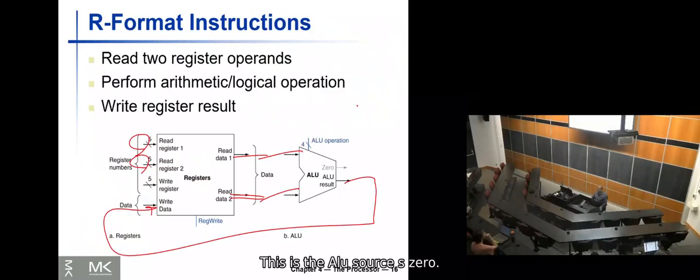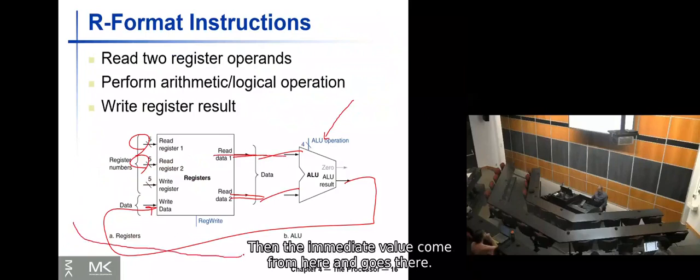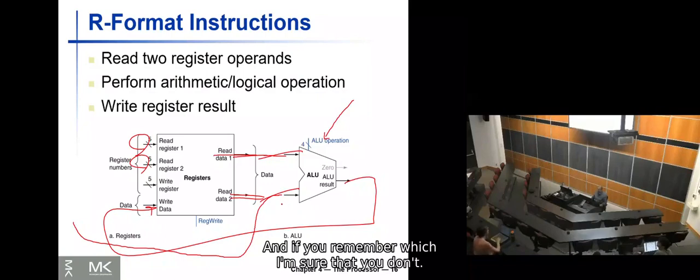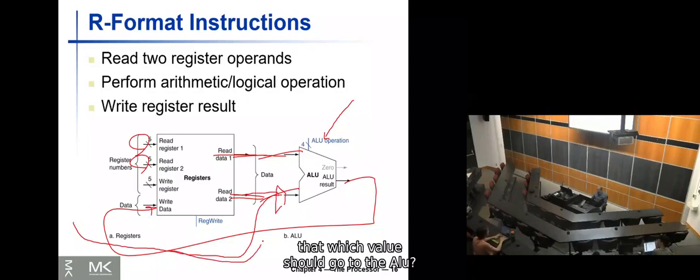This is the ALU. The source S0, the base address, comes from here. Then the immediate value comes from here and goes there. If you remember, which I am almost sure that you don't, there was a multiplexer here saying which value should go to the ALU, either the immediate value or the value that we have read from the register file.